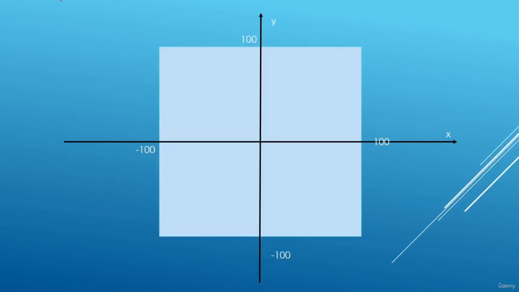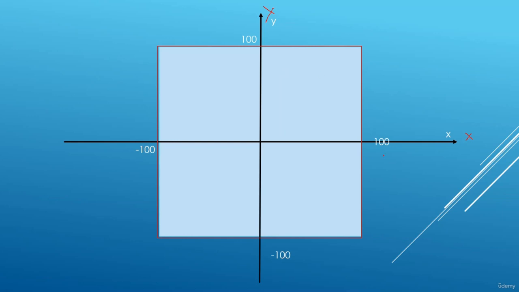Suppose we are implementing a point class, and for some reason, we can only compare points that live within this range here. We can compare points only if x is less than 100. This is the x-axis here. We have our y-axis.